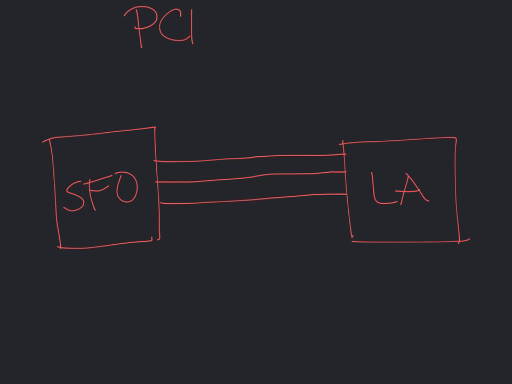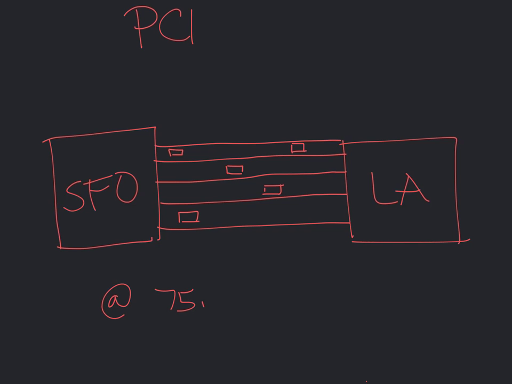Let's say that people are traveling in between these two cities. These little boxes are cars that are traveling from one city to the other. Of course, it has a speed limit, which is 75 miles per hour.